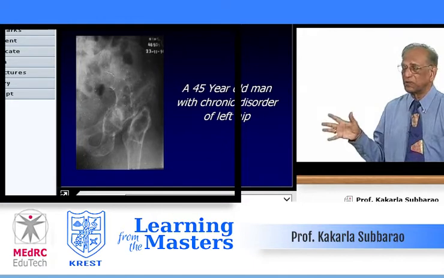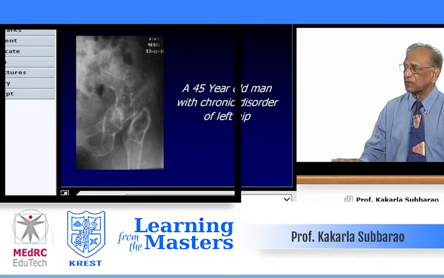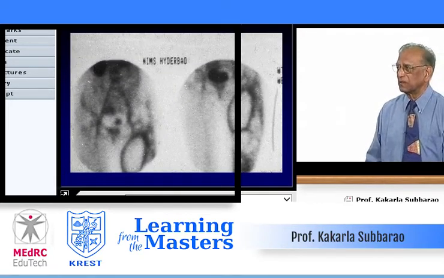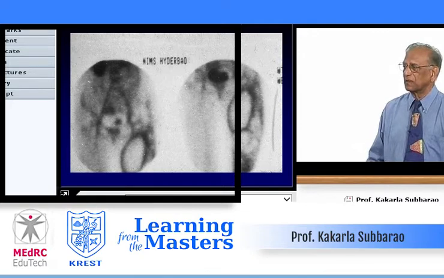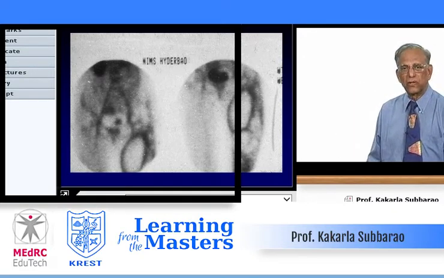Is it a neuropathic joint? But there is no new bone formation. There is no fragmentation. There is not much soft tissue swelling. So what is the diagnosis? Well, again, coming to the radionuclide scan, it is just cystic changes. No vascularity is noted.